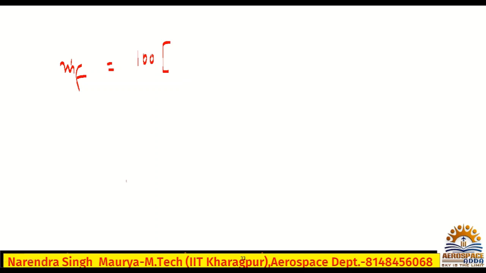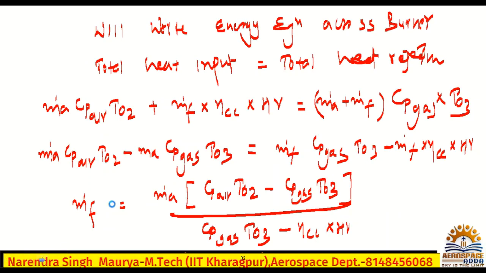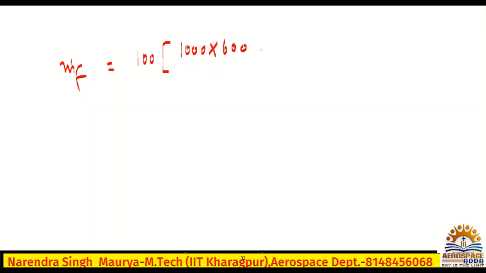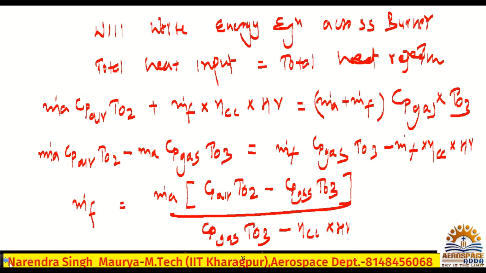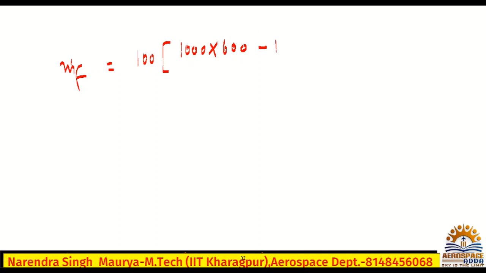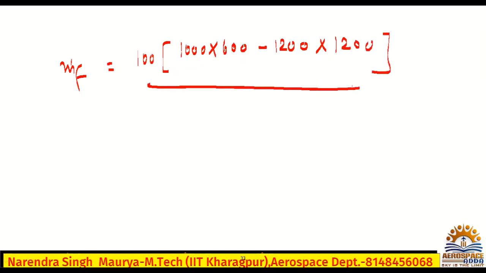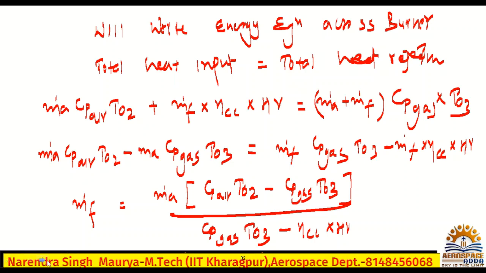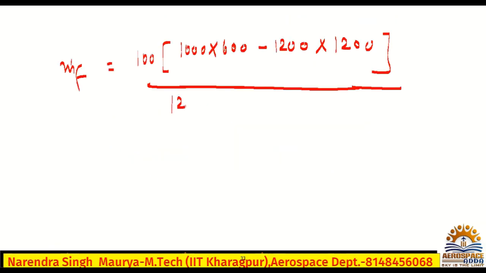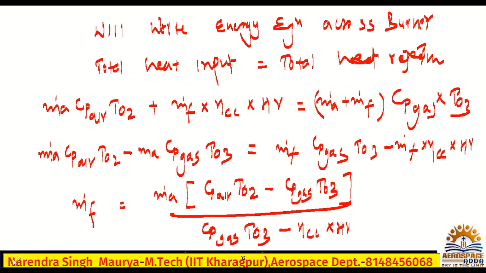So 1000 into T02, which is 600, minus Cp of gas 1200 into T03, also 1200, divided by Cp of gas 1200 into T03 1200, minus eta Cc.